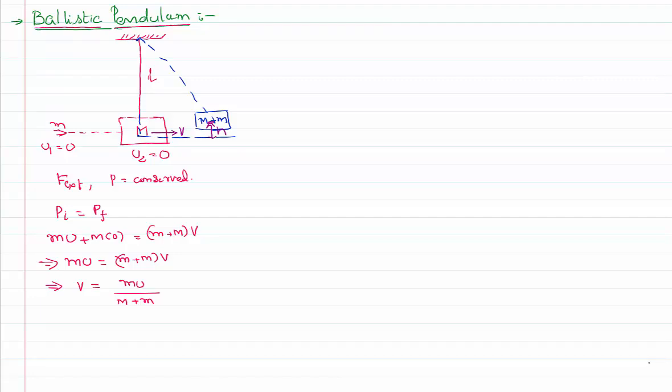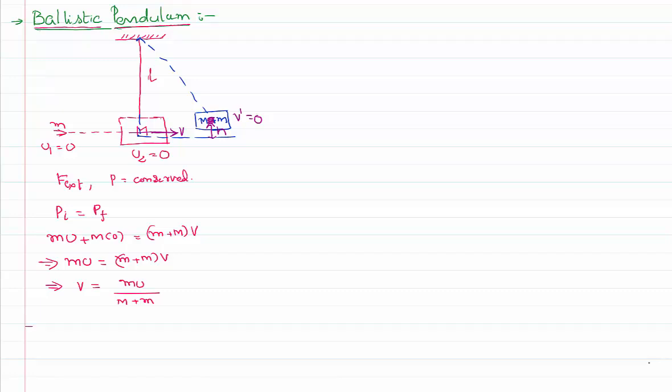That means that's the maximum height reached by it. Now I can say at the lowest point it has velocity and hence kinetic energy. At the highest point its velocity v dash is 0. It is raised to a certain height. That means all that kinetic energy is simply converted into potential energy.